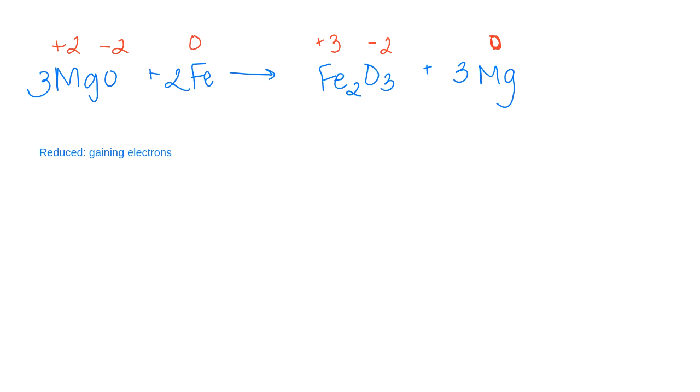Whereas oxidation means we are losing electrons. And so since we're losing electrons, we're looking for, from left to right of our balanced equation, an oxidation state that increases.